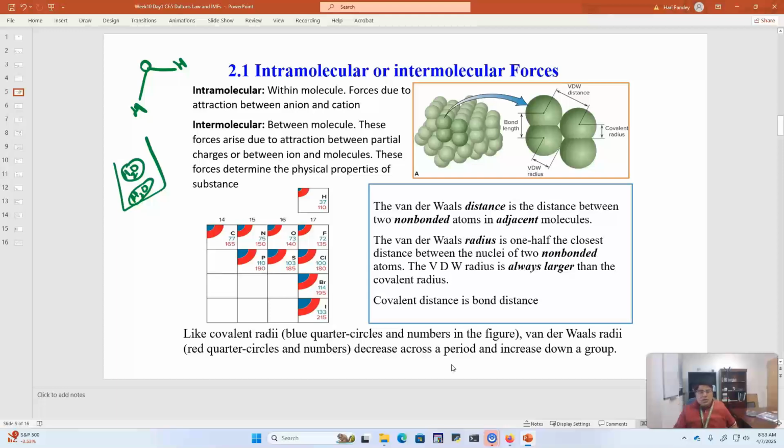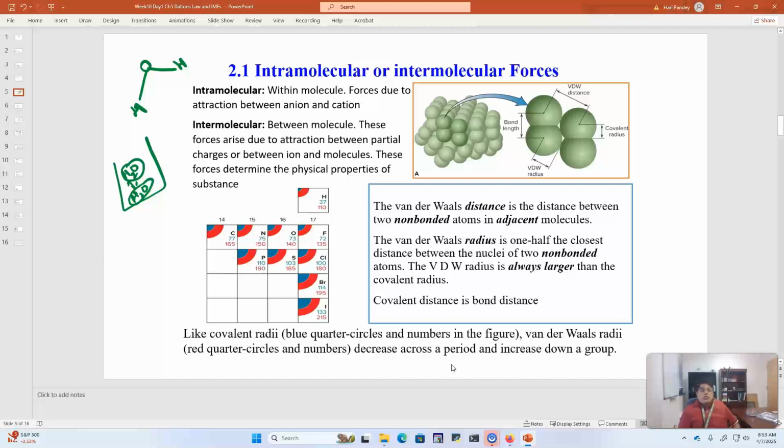The other is the force between this molecule and that molecule, the force between two water molecules. So the force between two particles is one kind of force, and the force between the atoms that make the molecule is the other kind. Let's study these forces.